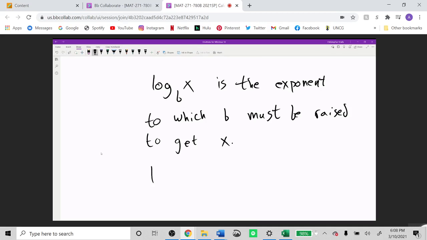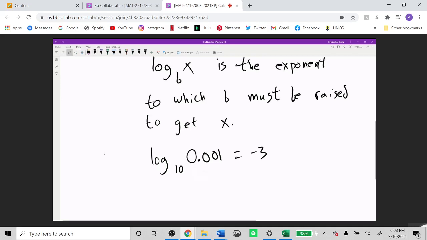For instance, log base 10, this is the common logarithm, which actually means I don't even need to write the base. I can just write log, but we'll write the base in this case. Log base 10 of 0.001 equals -3.